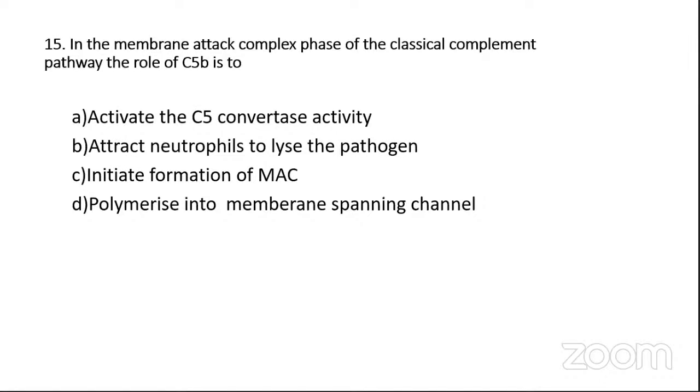In the membrane attack complex phase of the classical complement pathway, the role of C5b is to: activate the C5 convertase activity, attract neutrophils to lyse the pathogen, initiate formation of MAC or membrane attack complex, polymerize into a membrane spanning channel.